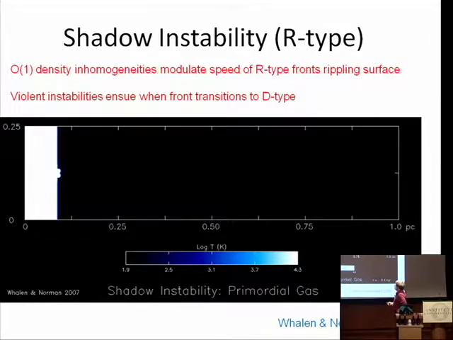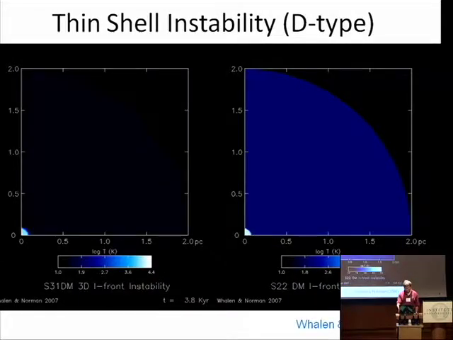And in this case, the I front, what's shown here is the gas temperature. So there's the R-type I front. There's the hot post-I front gas. The I front just races ahead a little bit because the gas is underdense. This simulation is set up to make the R to D transition right here. What happens in this shadow instability is the wrinkles that are induced in the I front in the R-type phase grow into catastrophic dynamical instabilities.